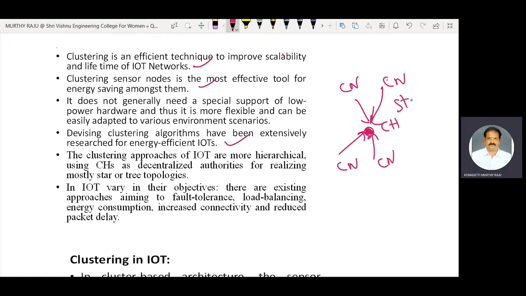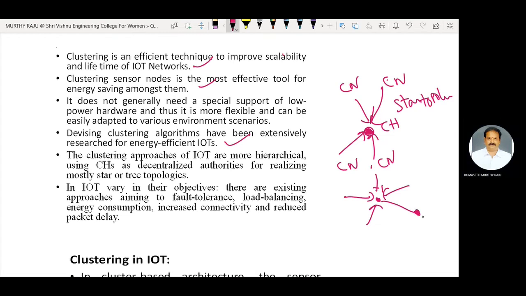This is the star topology. Tree topologies are also used. In a tree topology, another cluster is there. This is a hierarchical structure.